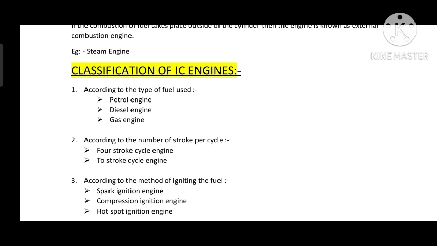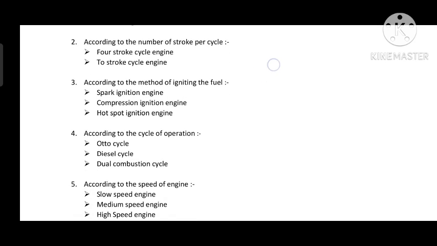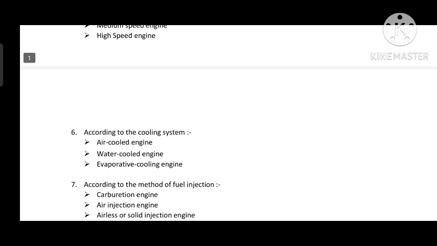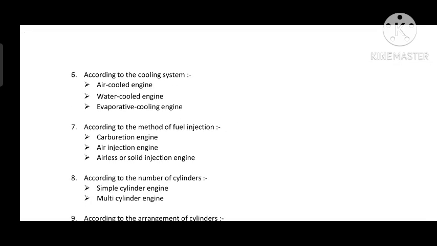According to the method of ignition of a fuel, it is classified into three types. First one is your spark ignition engine, second one is your compression ignition engine, third is your hot spot ignition engine. According to the cycle of operation, it is classified into three types: Otto cycle engine, diesel cycle engine, dual combustion cycle engine.